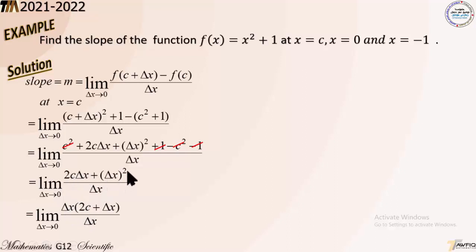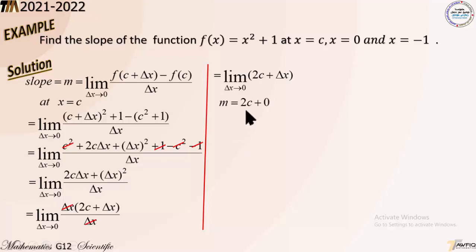Then delta x squared over delta x, cancelling delta x with delta x, remains delta x. And now cancel delta x with delta x, it remains the limit as delta x approaches 0 of 2c plus delta x. Replace delta x with 0. It becomes 2c plus 0, which equals 2c. That means the slope of the tangent line at x equals c is 2c.